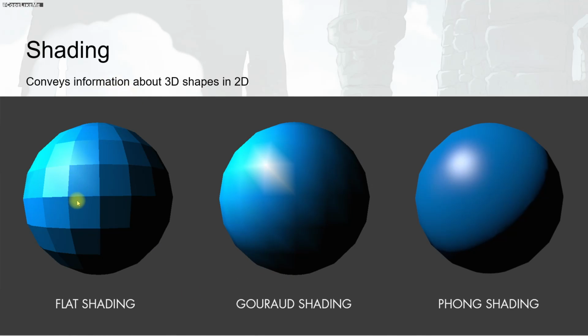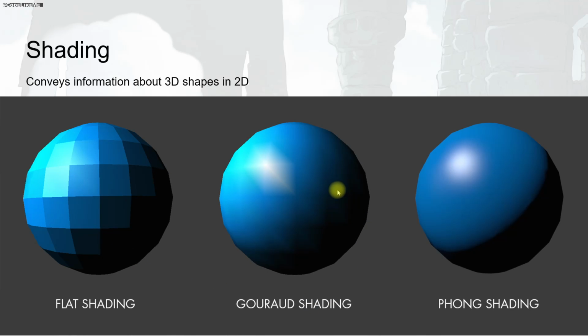So in shading, there are three models: flat shading, Gouraud shading, and Phong shading. In flat shading, we can practically see the polygon faces of that object. It uses the same color value across the polygon, so that's why we can see these sharp edges.